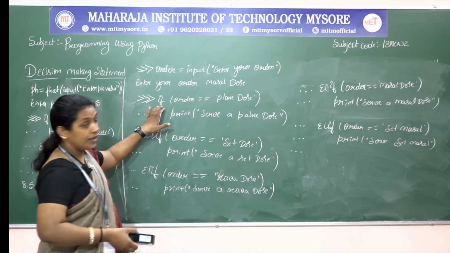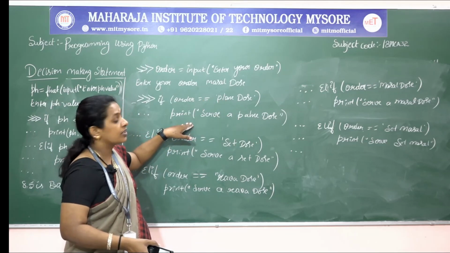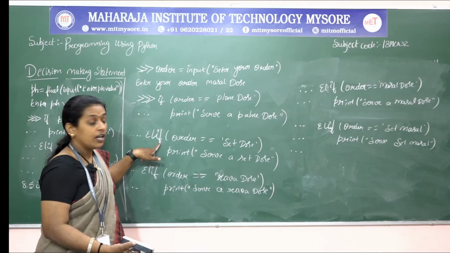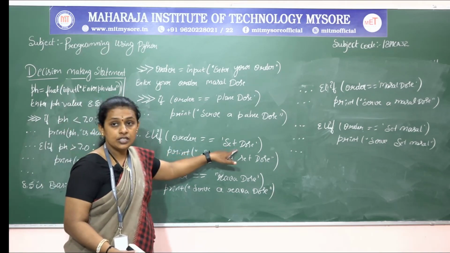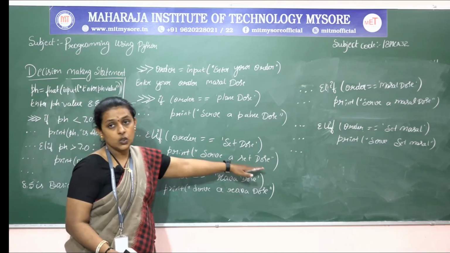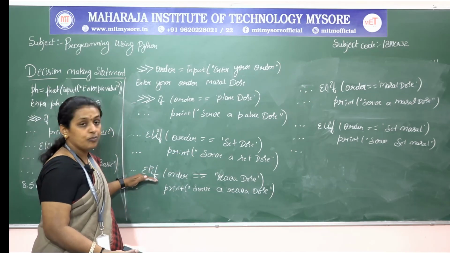So I will start with if order equal to plain dosa, then it is going to serve a plain dosa, or else it is going to check with else if order equal to set dosa, then it is going to serve a set dosa, or else it is going to check the else if part.